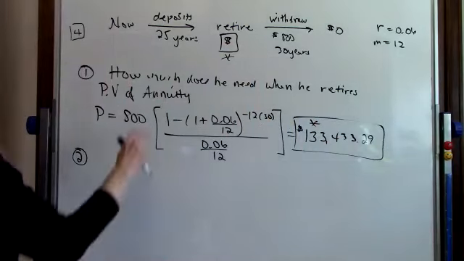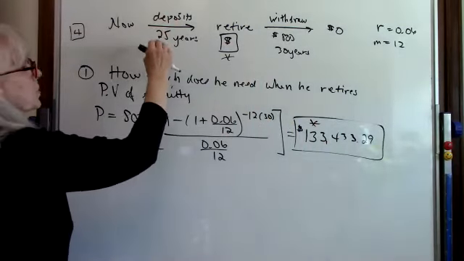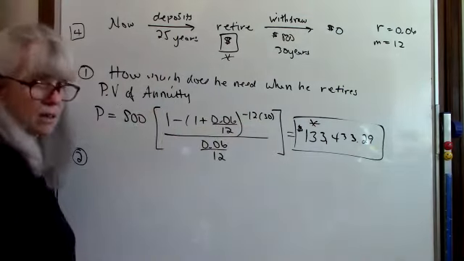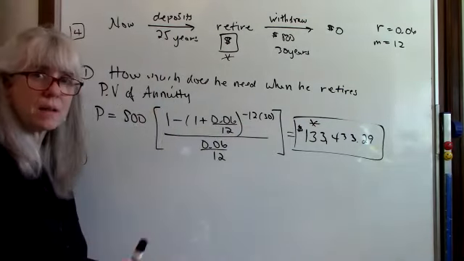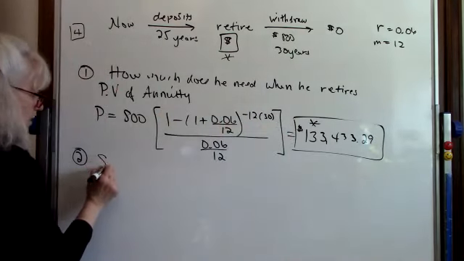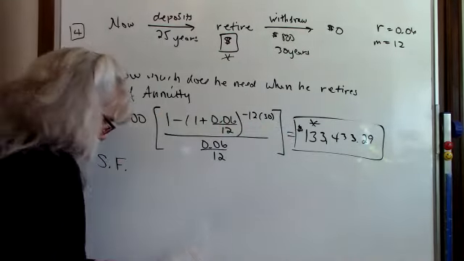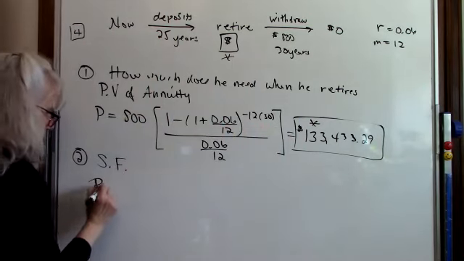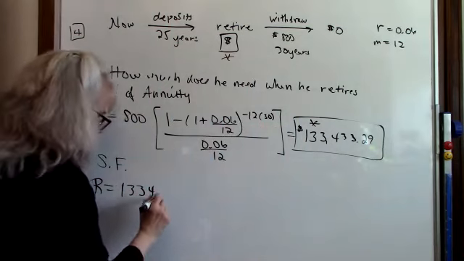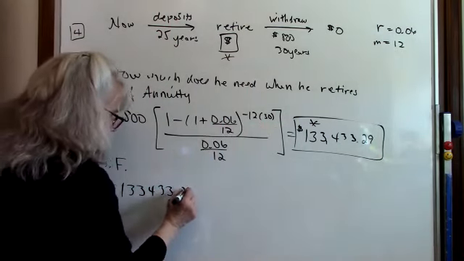So now we have to figure out, if he's going to make periodic deposits for 25 years, how much does he have to put in every month to get to that? That's a sinking fund. We need the payment amount, and we know what our end goal is. So now we'll use the sinking fund. Okay, so R is equal to $133,433.29.